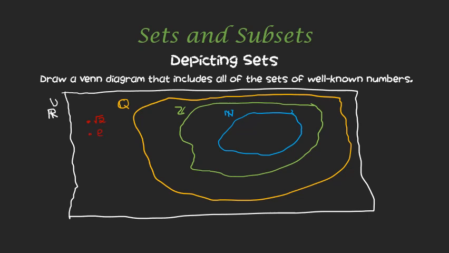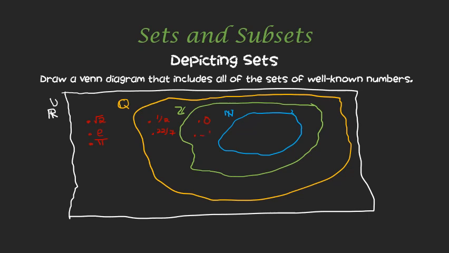Also, numbers like Euler's constant e or pi cannot be expressed as a ratio of two integers, so those are real numbers that are not rationals. An example of a rational number that's not an integer would be something like 1/2, or maybe 22/7, which is a decent approximation for pi, but is not actually pi. Integers that aren't natural numbers, well, 0 is an integer.